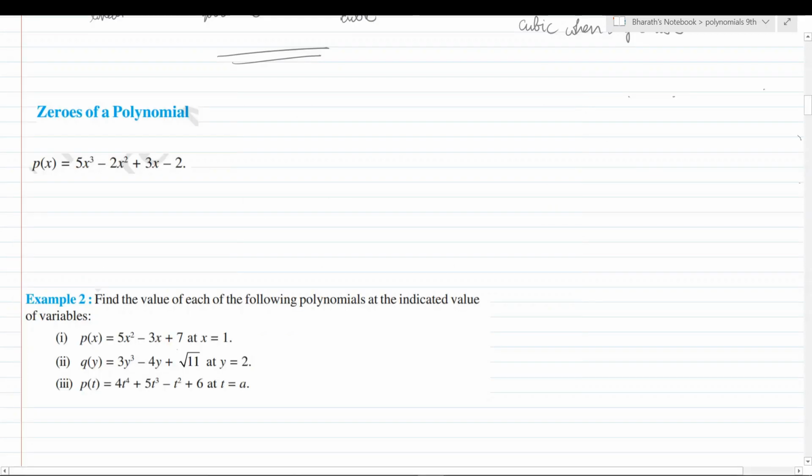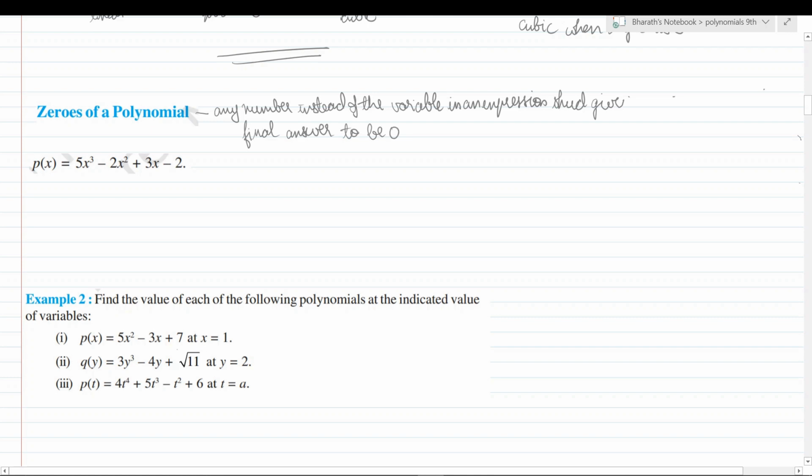So let's start a new topic, zeros of a polynomial. Zeros of a polynomial, which means any number instead of the variable in an expression should give the final answer to be 0.